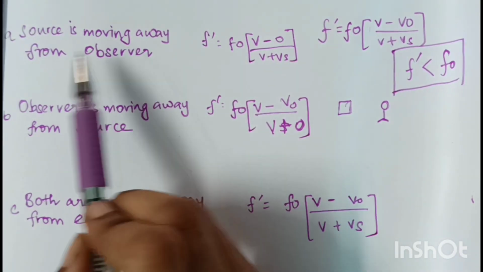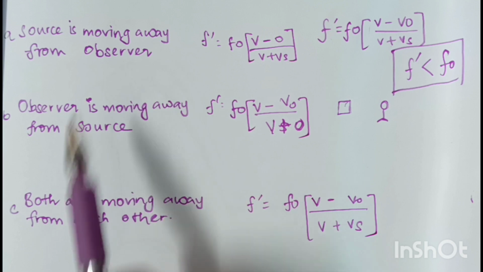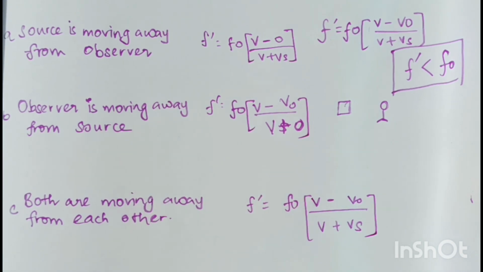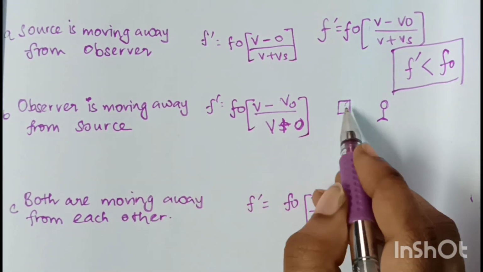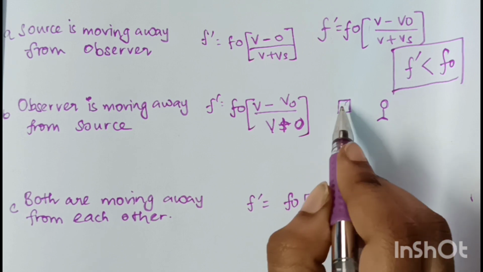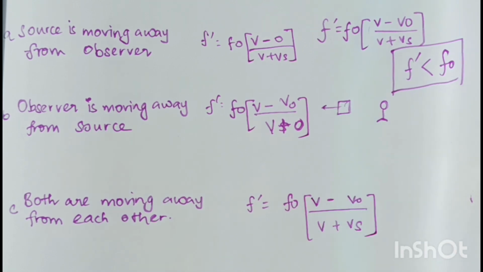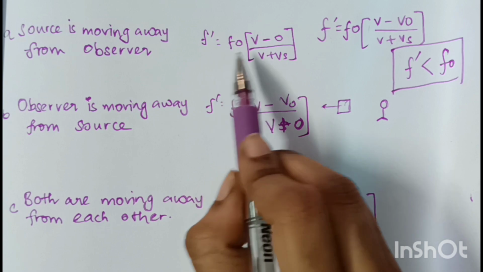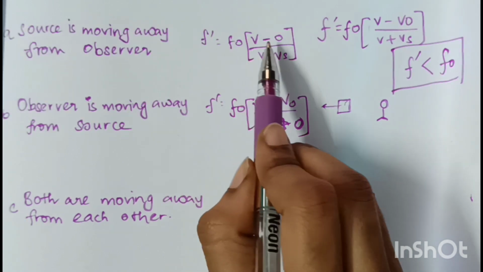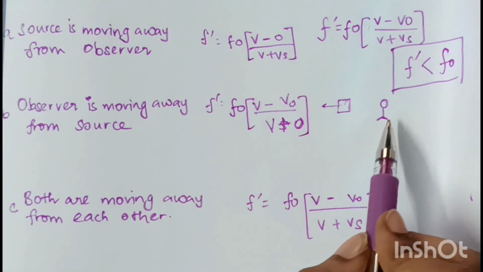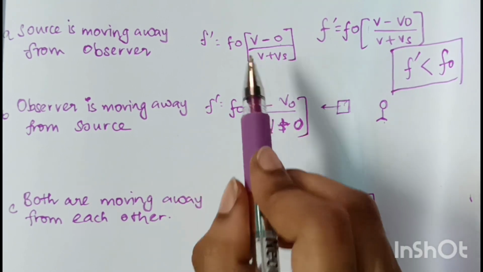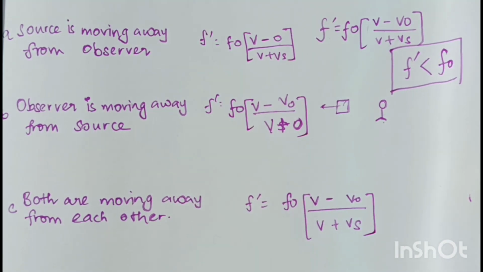Now let us see the different cases. The source is moving away from the observer. So the observer is stationary and the source is taken away from him. Then f dash equals fo into (v minus vo) by (v plus vs). What is vo? He is stationary, so it is 0. Why do we write v plus vs?